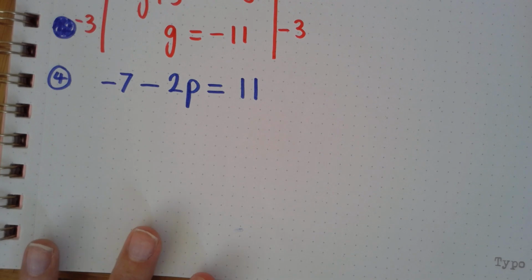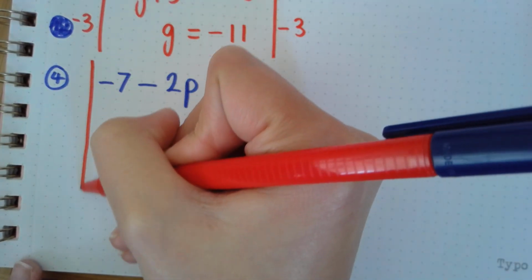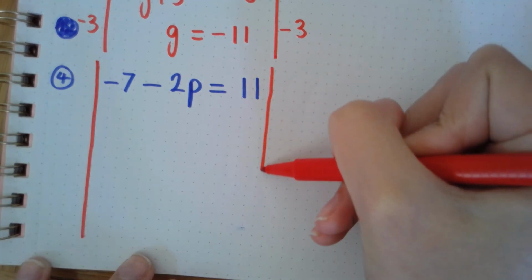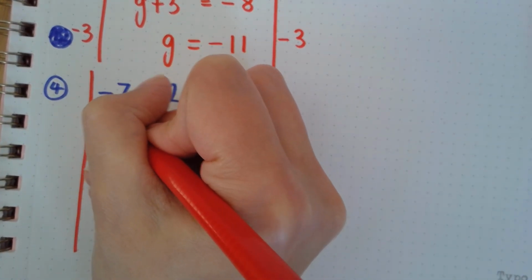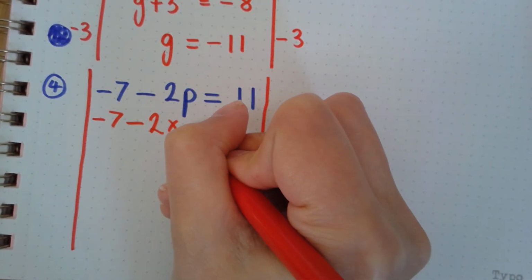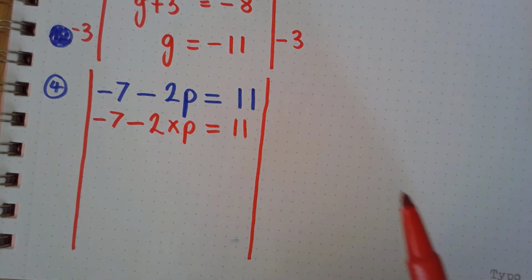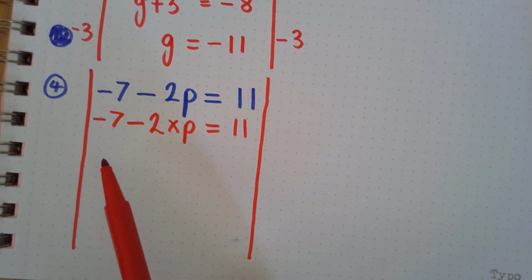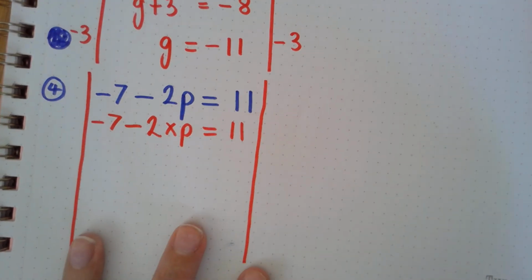And the last one, question number 4. So we're going to add in our stabilisers. So this means negative 7 take away 2 times P equals 11. So we did negative 7 take away 2 lots of P. You can rewrite that in a different way.